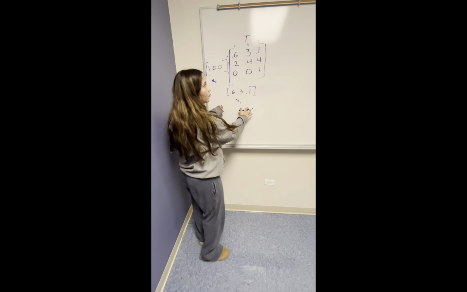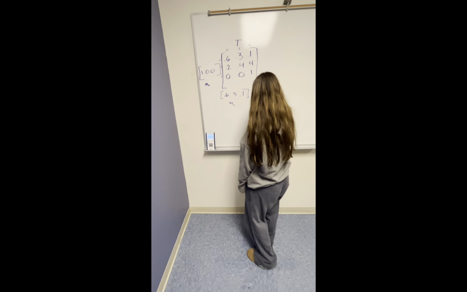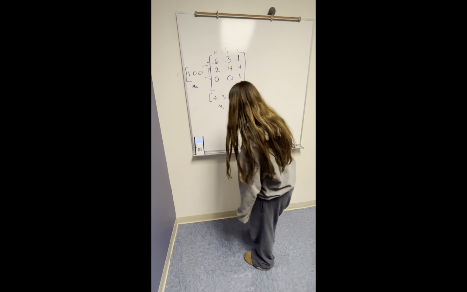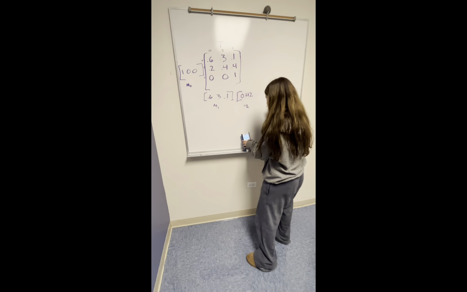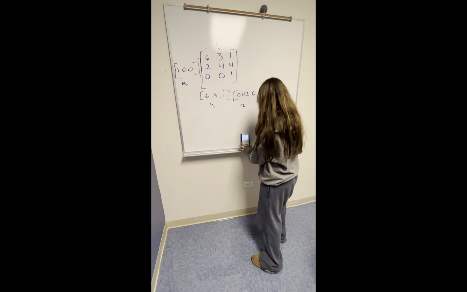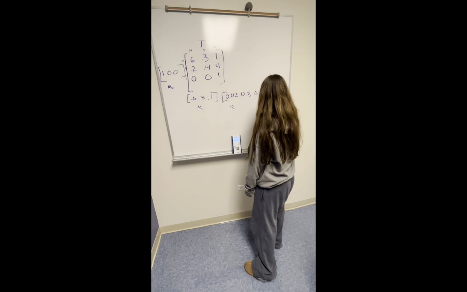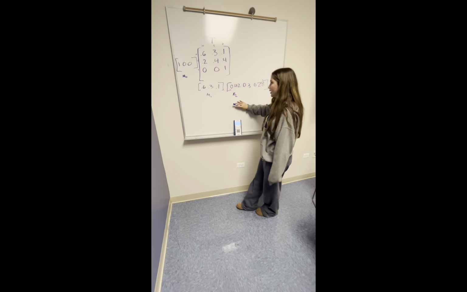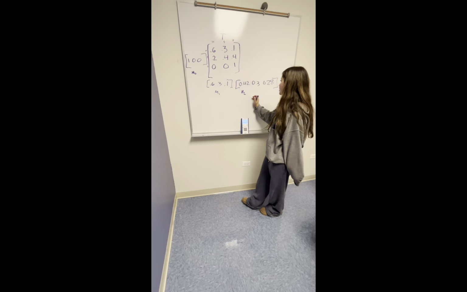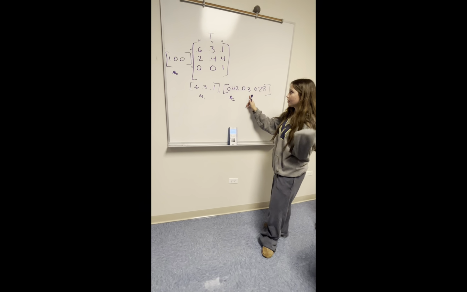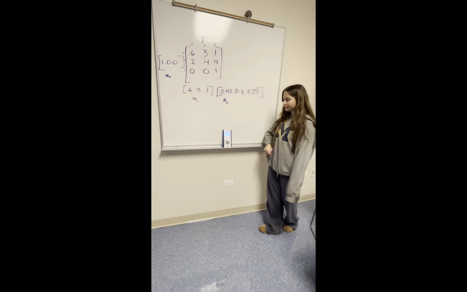And then if you take M1 and multiply it by T to get M2, or state 3, you'll get 0.42, 0.3, and 0.28. So then in state 3, or state M2, this person will have 42% chance of staying healthy, 30% chance of being sick, and 28% chance of dying.